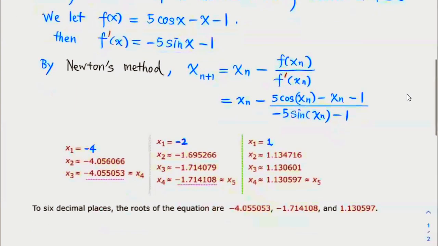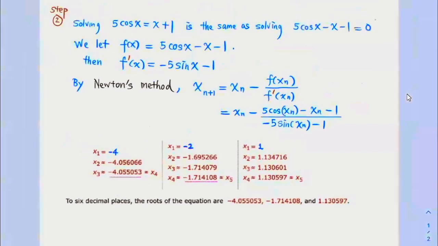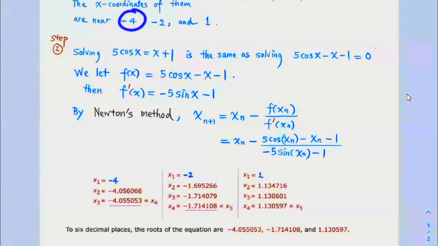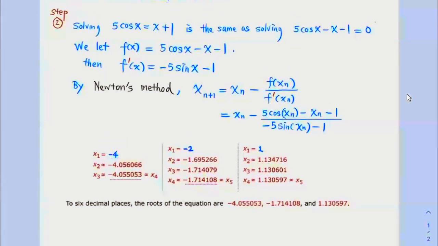Newton's method says that x sub n plus 1 is equal to x sub n minus f of x sub n over f prime of x sub n. So now we're going to start with these three approximations. If I start with -4 and apply Newton's method using this expression to find x2, I will get this.